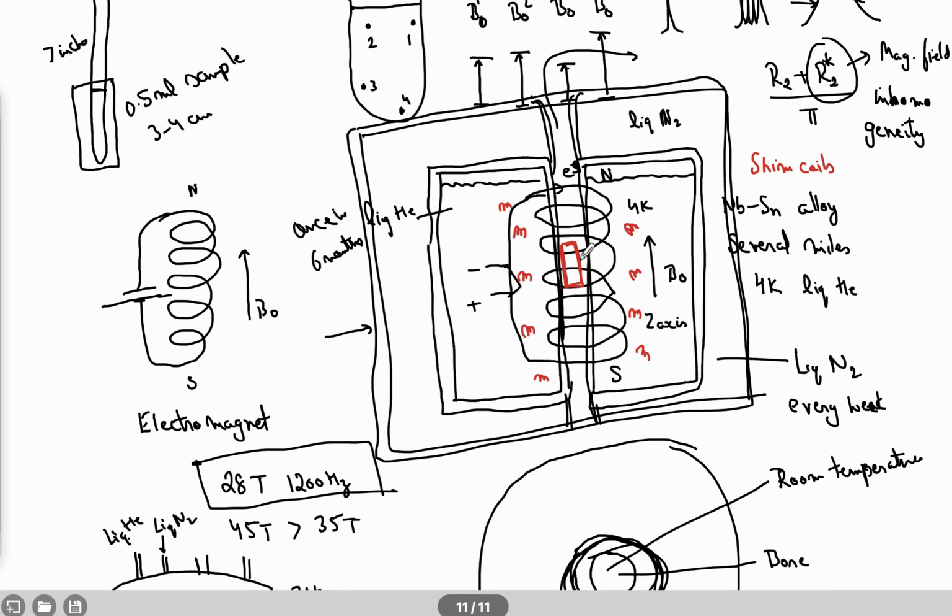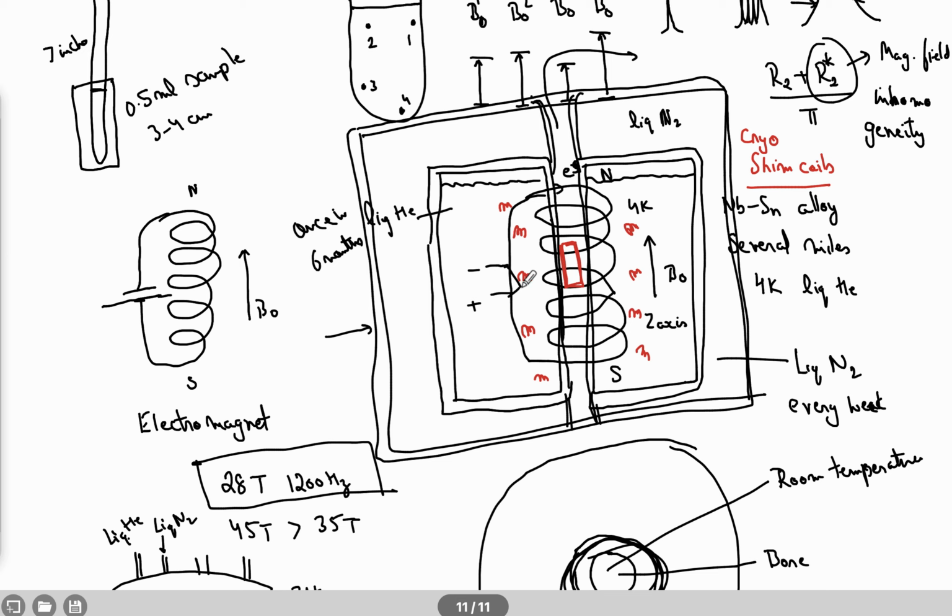Okay, so this is the region where the sample is going to come from the top and sit here. In this region of the magnet, overall B0 is maintained using cryoshims. These are called cryoshim coils, along with the main superconducting coil. Okay, so cryoshim coils I will write. In these, the current is altered at the time of installation, so you can decide whatever current you want to give to maintain the homogeneity of B0.